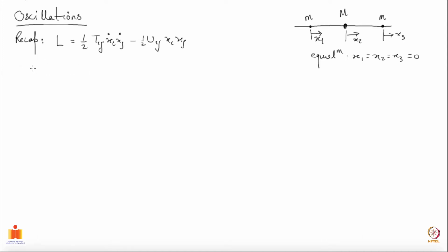The matrix corresponding to Tij I was writing as this T. This is just a diagonal matrix with these entries. Okay, and we had written down U. Maybe I should write it down again. The matrix corresponding to Uij I was denoting by this U. Okay, boldface basically. This U is equal to K minus K0.